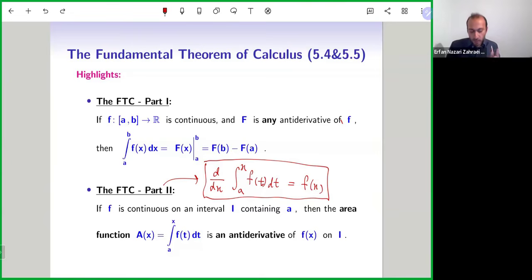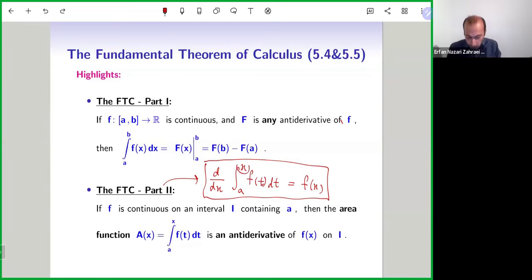Let me also mention one last remark about this, and that's maybe for some of you it's confusing why suddenly t appeared. t is nothing special. You can use anything else, like for example y or w. What's important is that this is the variable of integration that we used, t, and this is the upper limit of the integral. These two are two different things. And in math, we never use the same letter for two things that are different from each other.